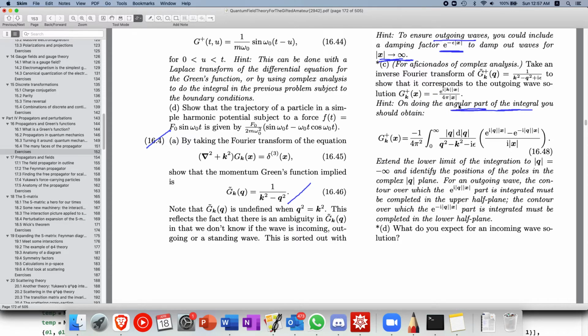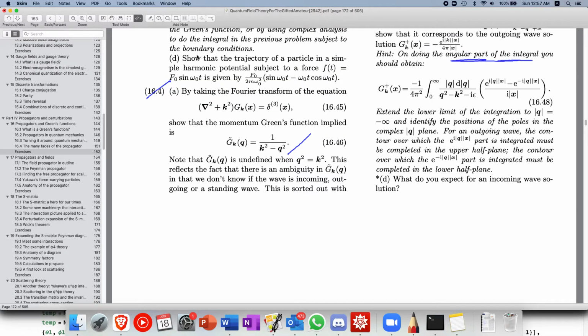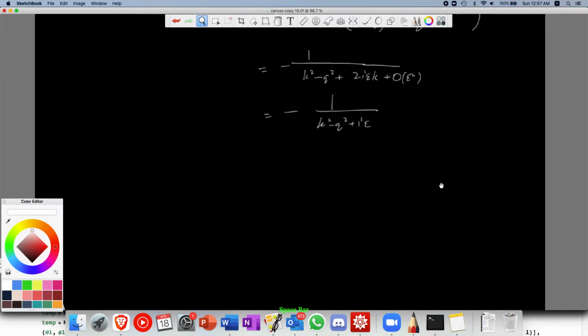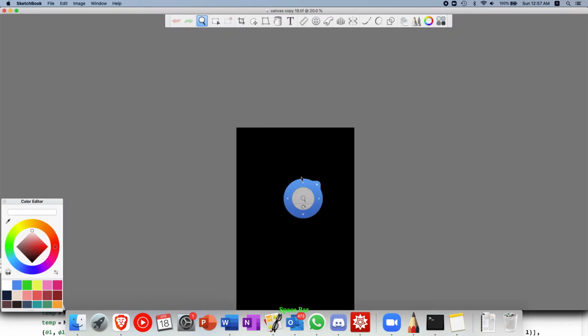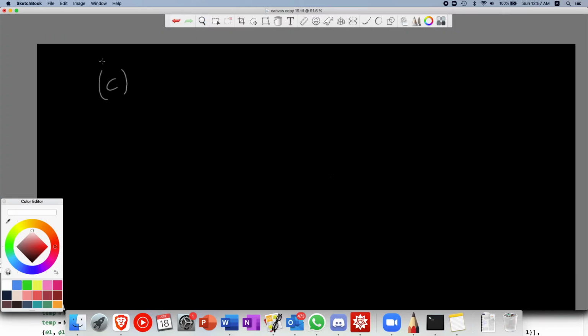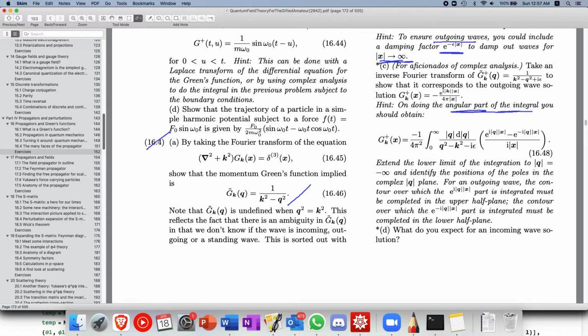Angular hints at us that we should use spherical coordinates as we have in the previous video, which we'll do again in this video. So let's go on to the next page. So part C. They already tell us we need to use complex analysis, so we must be prepared for that. Okay, let's go ahead.